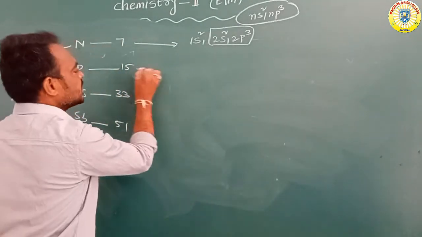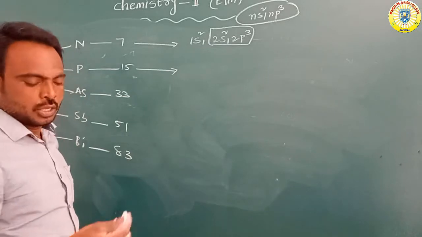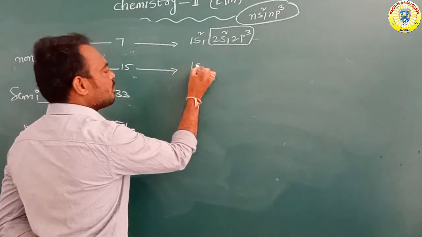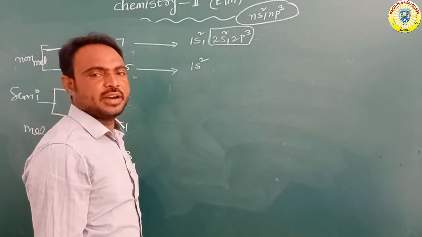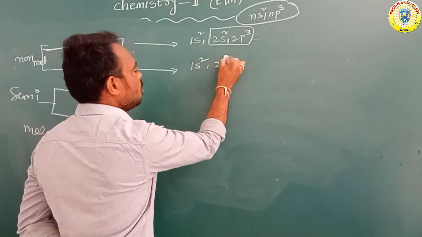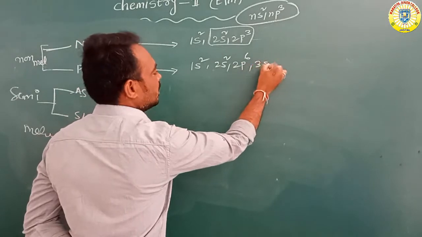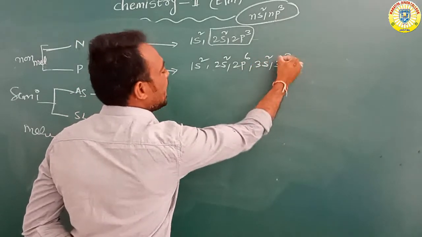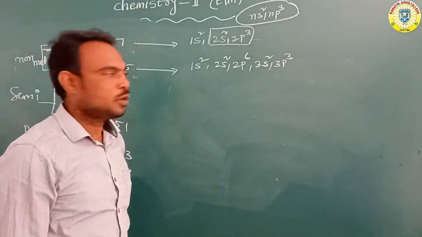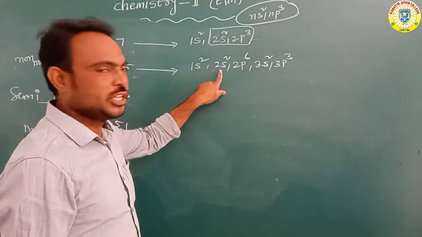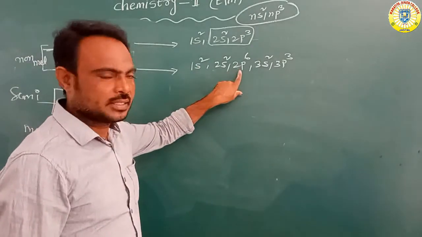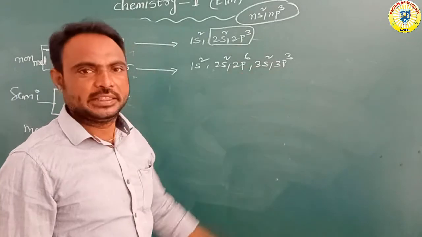Next, phosphorus. We write the electronic configuration of phosphorus: 1s2, 2s2, 2p6, 3s2, 3p3.